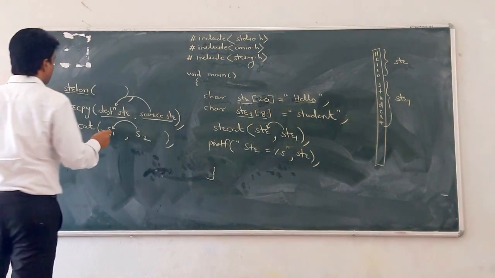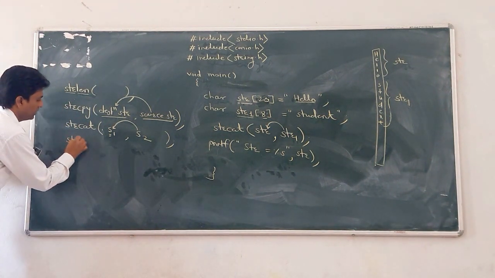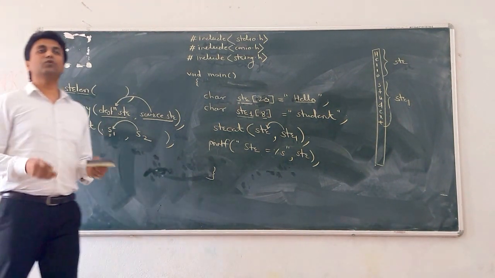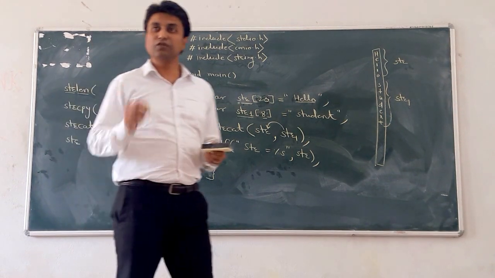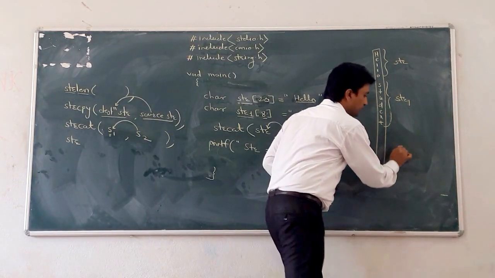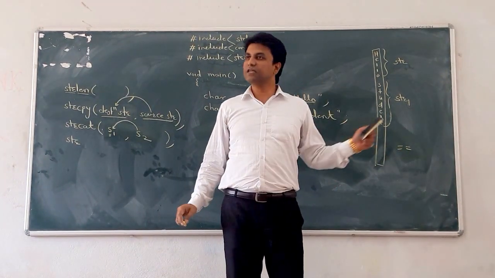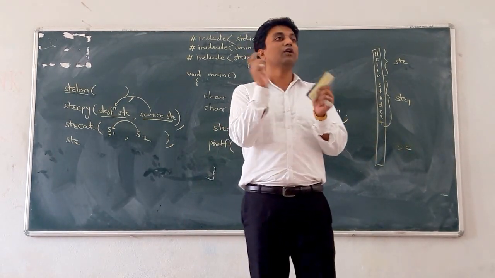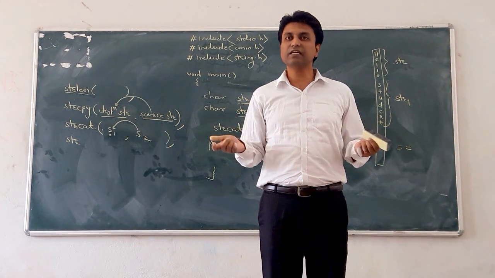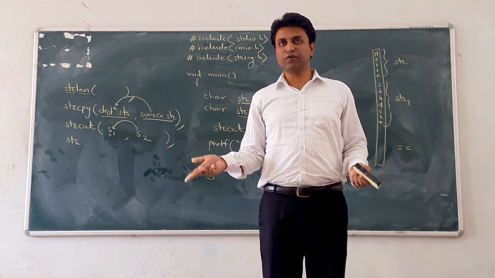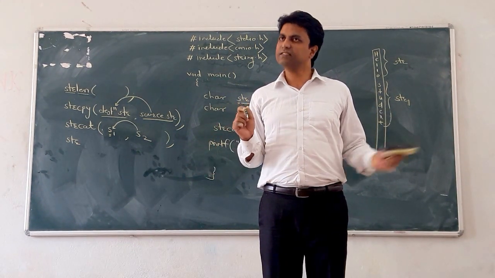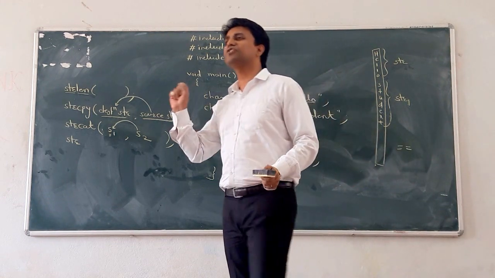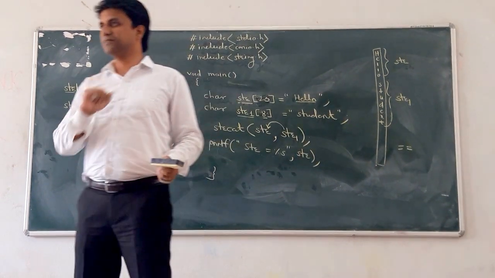Okay, so next, how to compare two strings using equal to? This is the comparison operator. If you want to compare two numbers, how can we compare? Using equal to operator. This is a comparison operator, but it does not work on two strings.